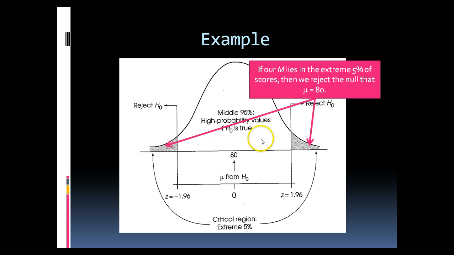So if you have a sample mean that's within this range of the middle 95%, you don't reject the null. Even if it's like right here, right before, you don't reject the null. But if it passes that alpha mark and is in the critical region, then you can reject.